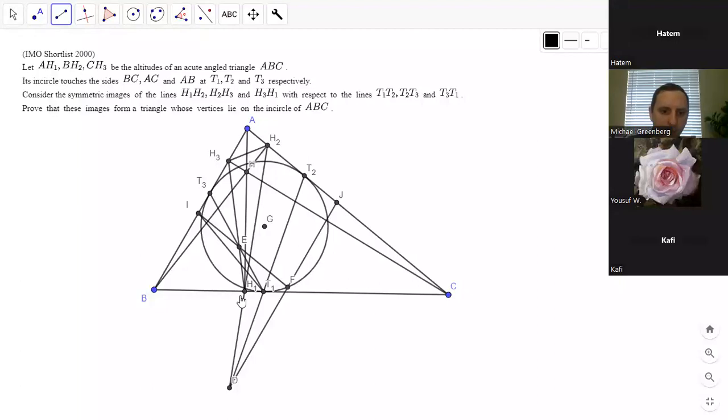So H1H3 intersects T1T3 at E, and H1H2 intersects T1T2 at D. And then you reflect those two lines and you want to show it meets on the nine-point circle.